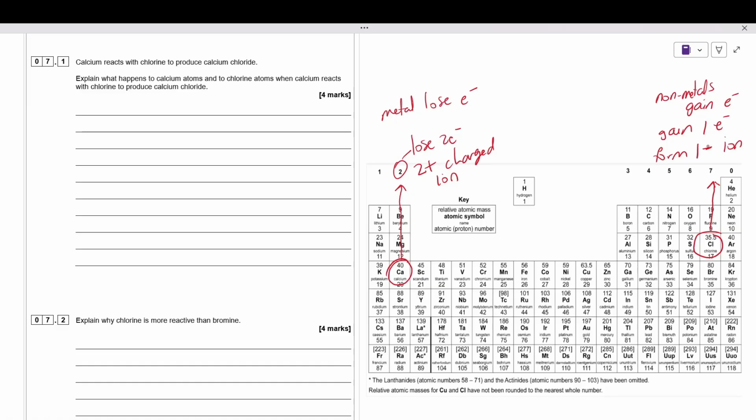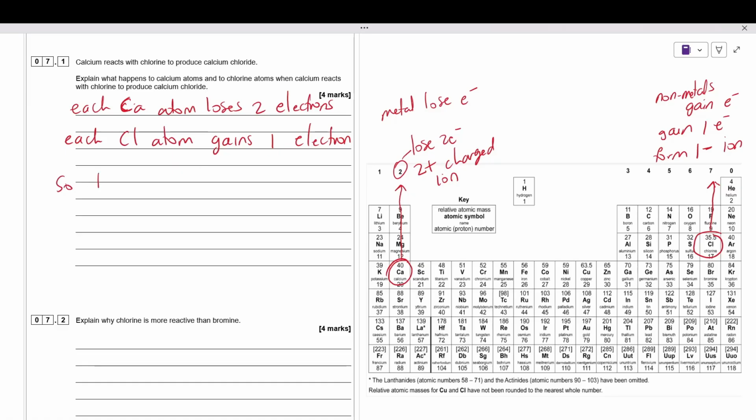Okay, so we're gonna note that down over here, that each calcium atom loses 2 electrons. And we know that each chlorine atom gains 1 electron. Now the follow-up for this is for us to state the ratio at which this will react.